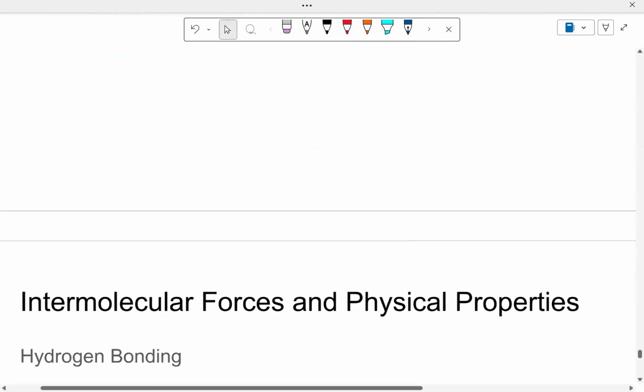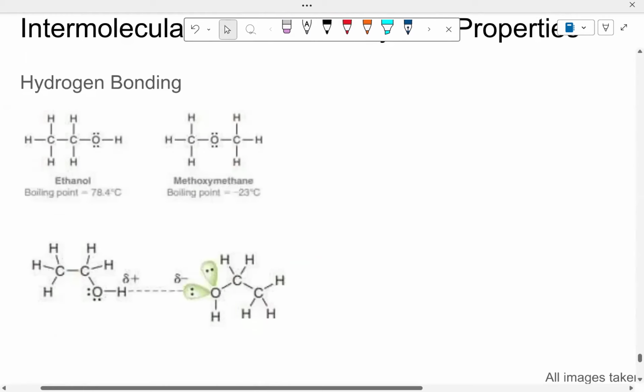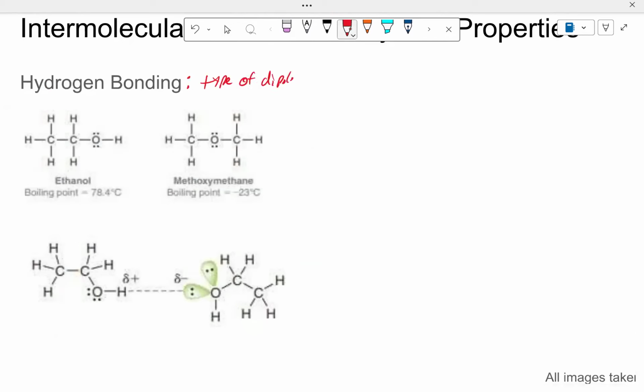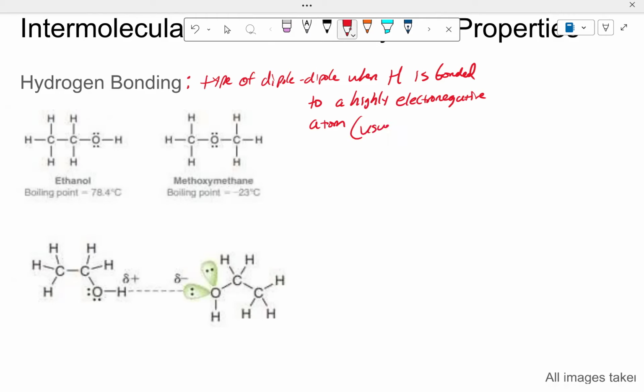And then the last one that you should know is hydrogen bonding. Hydrogen bonding is a special type of dipole-dipole interaction that occurs when hydrogen is bonded to a highly electronegative atom. And that's usually where you see that in OChem, usually oxygen or nitrogen.